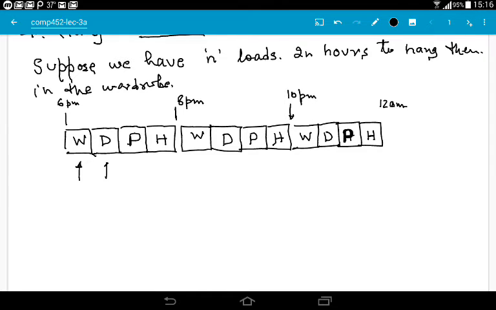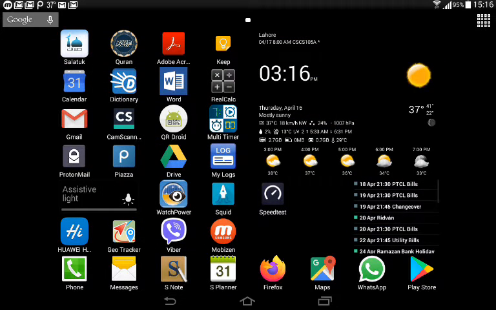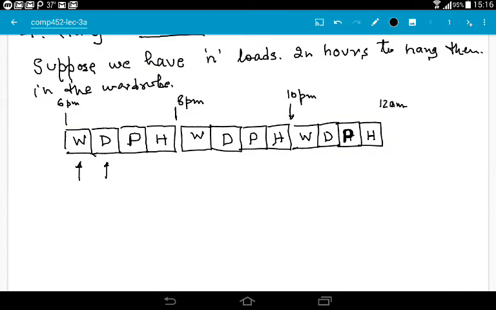Sir Omar Habib Khan is standing on dryer, and let's say my TA Muhammad Usman is standing on press, is doing the job of pressing the clothes.